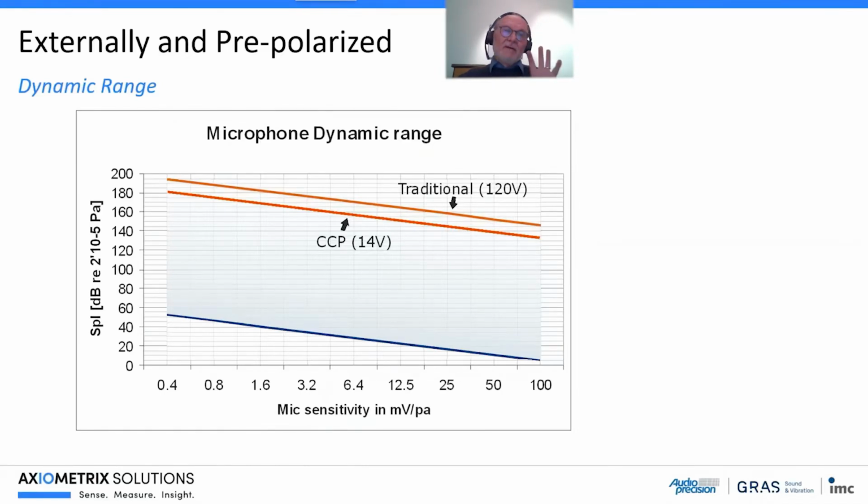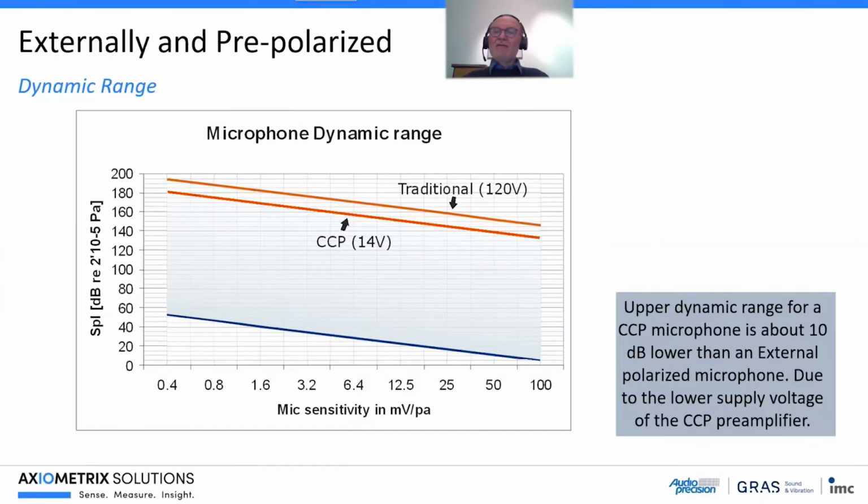Normally a pre-polarized microphone will have about 10 dB lower dynamic range than a standard traditional microphone, and again, as mentioned here, it's mainly due to the preamplifier.